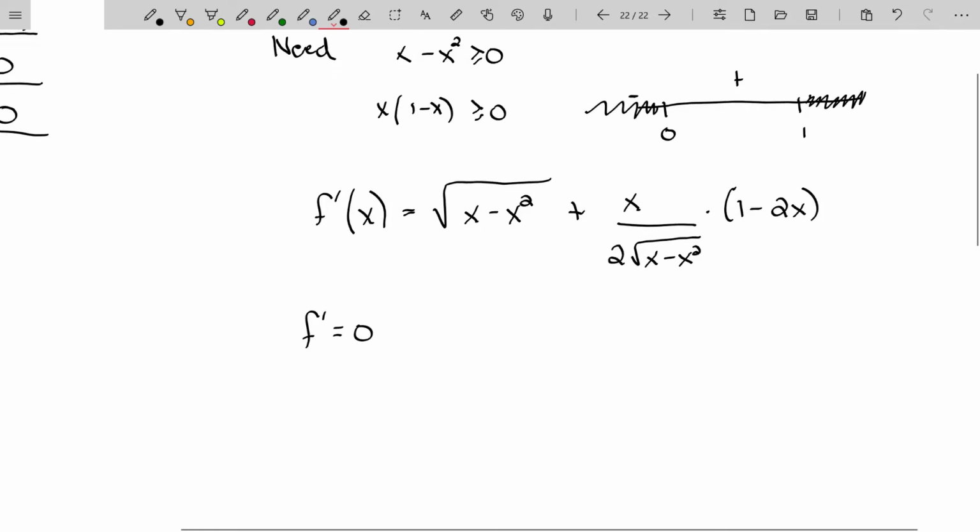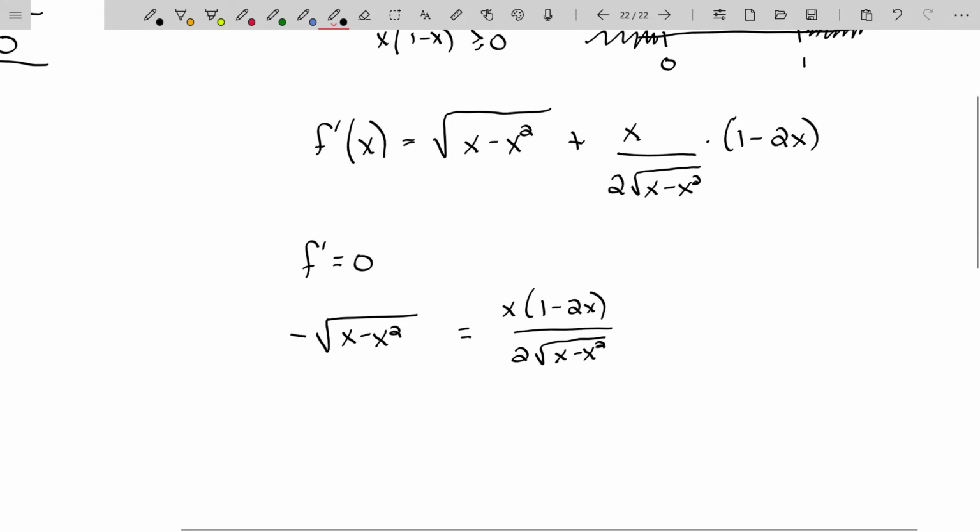That means that we want to solve negative root x minus x squared is equal to x times 1 minus 2x all over 2 root x minus x squared. I'm going to multiply both sides by a negative because I really dislike that negative over there. So I'll just do this.